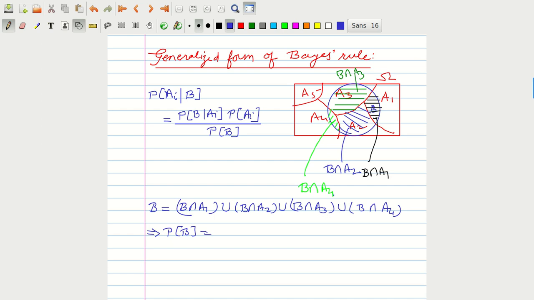But the probability of a union of mutually exclusive events is the sum of their probabilities, the additivity axiom of probability. We can write P(B) equal to probability of B intersection A1 plus probability of B intersection A2 plus probability of B intersection A3 plus probability of B intersection A4.